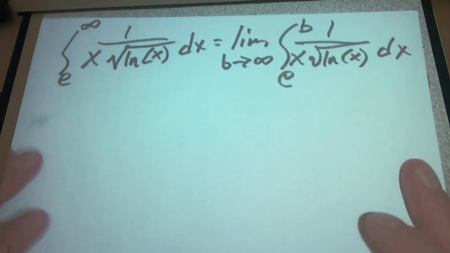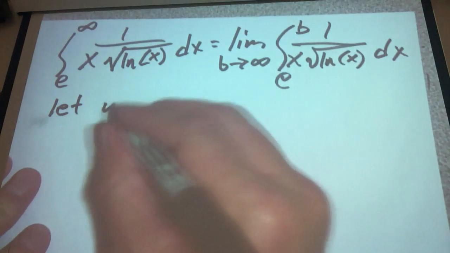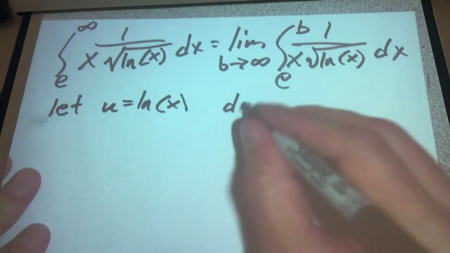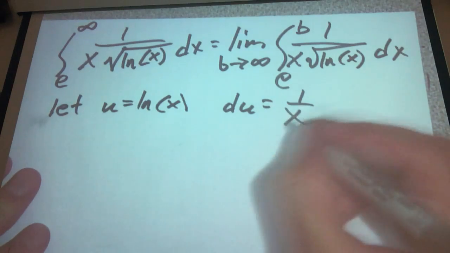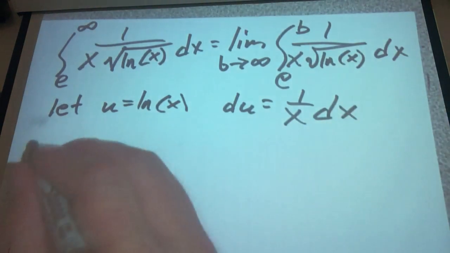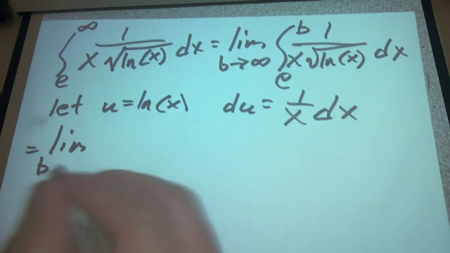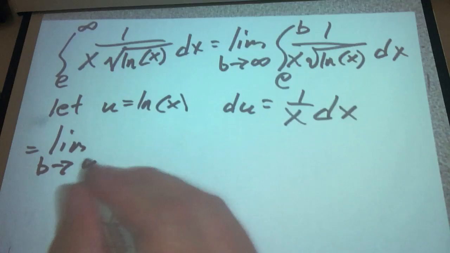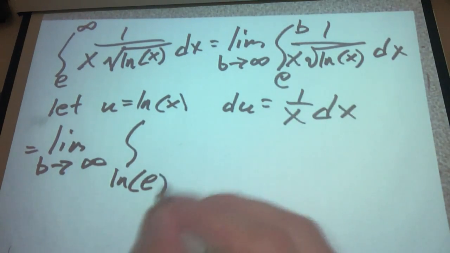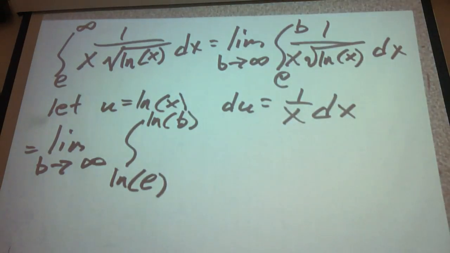dx, okay? And so I'm going to let u equal the natural log of x, so that du is going to be 1 divided by x dx. So that's going to equal the limit as b tends towards infinity of, all right, so we're going to have the natural log of e and the natural log of b, all right?